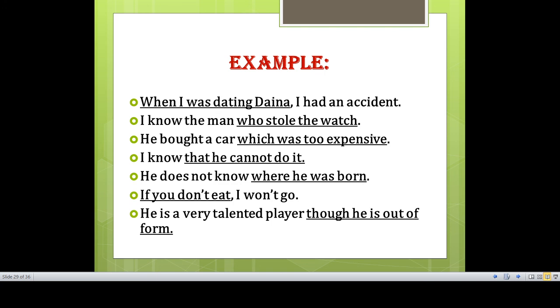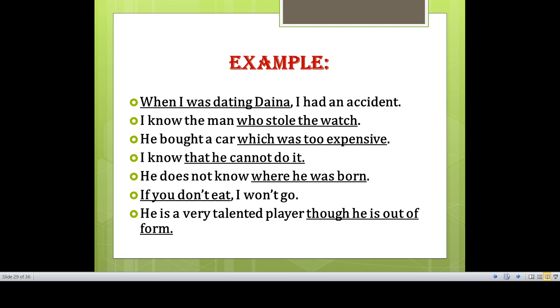It's an independent clause, a main clause where you do have a subject as well as a verb, a noticeable, distinguishable, regular verb. He does not know where he was born. He does not know, it's a complete sentence. It's a main clause, and where he was born is in fact your subordinate or dependent clause.